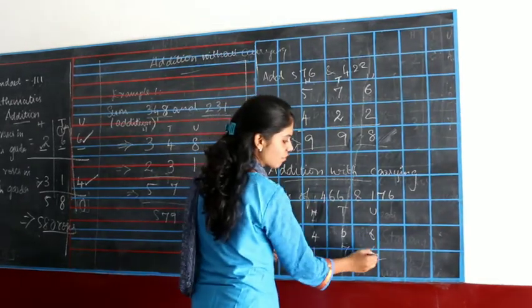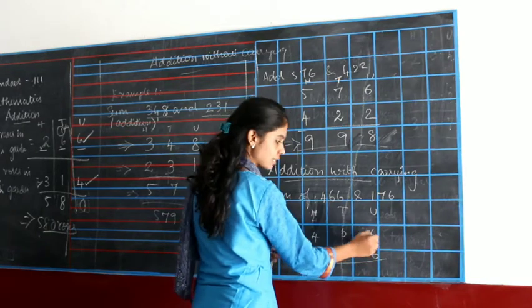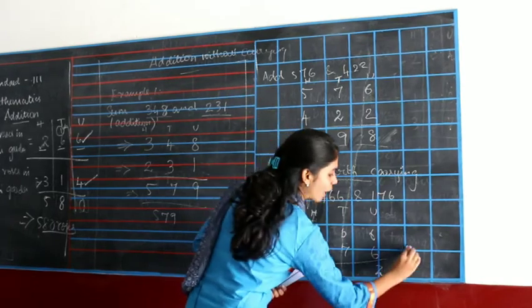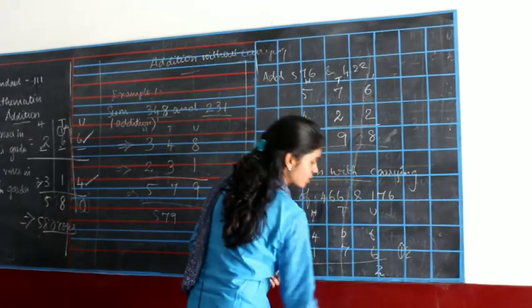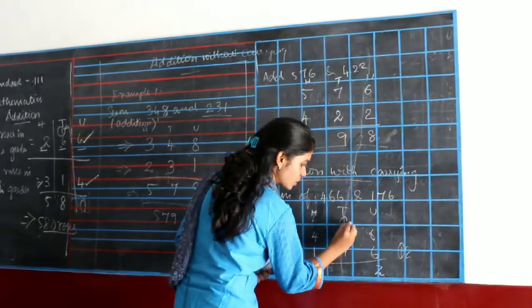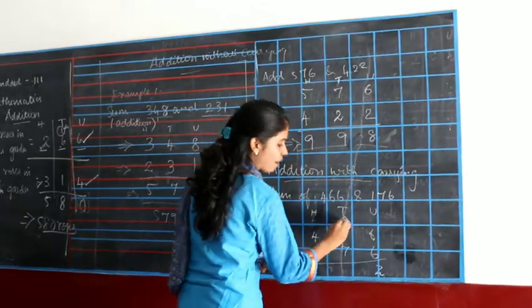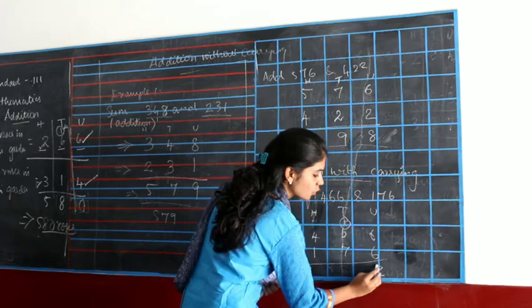So here we have 6. 6 plus 6 will be 12. We have 12, which means we have 1 tens here, which we have to put in the top. So we will be having 1 ten and then unit 2.